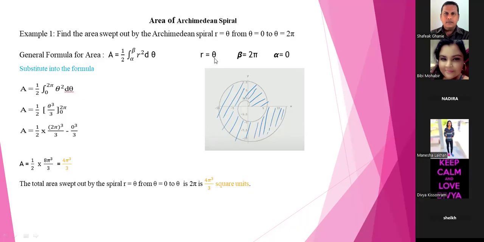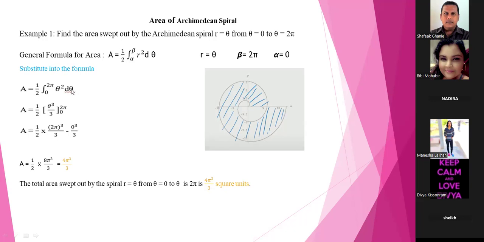Now the r is theta, beta is 2 pi, and alpha is 0. Now we go ahead and we plug those values inside our formula. We'll have A is equal to half the integral from 0 to 2 pi theta squared with respect to theta.